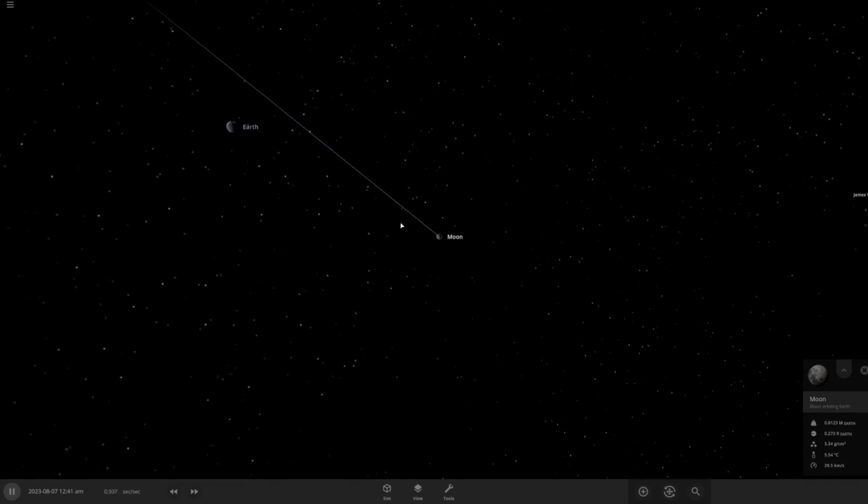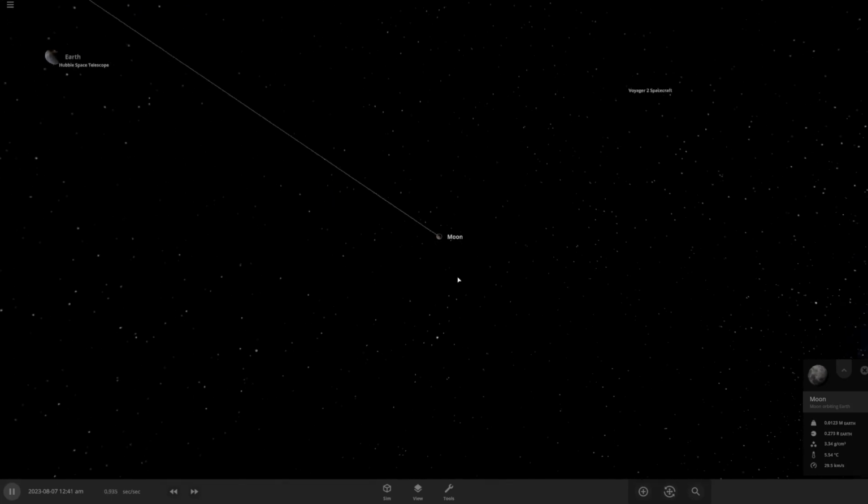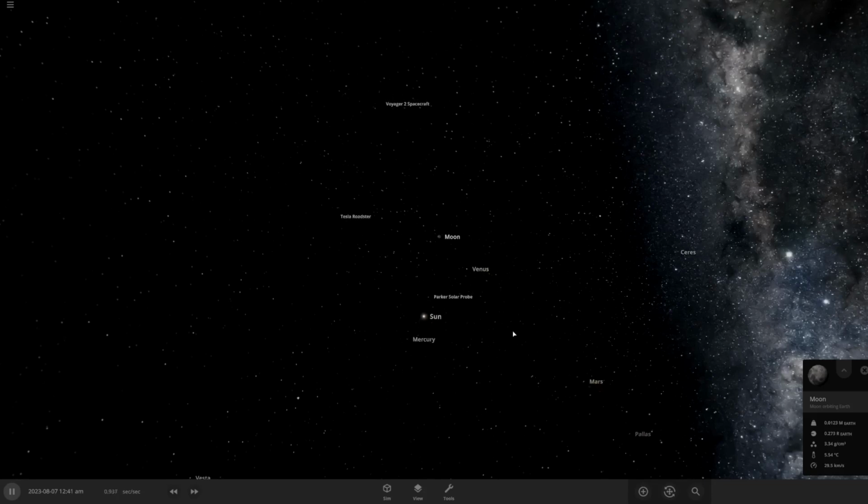Our moon is so far away, you can fit every single planet in between Earth and the moon, pole to pole, including Earth, and including the most massive planet in our solar system, Jupiter.